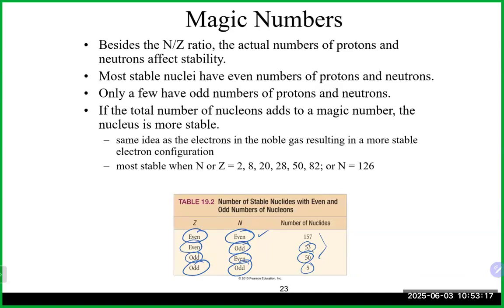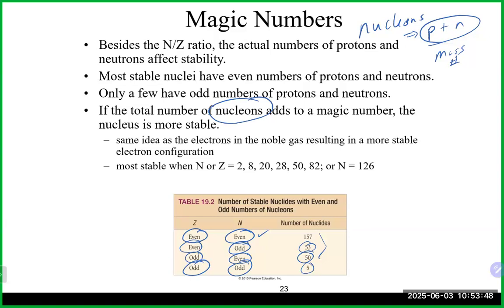If the total number of nucleons, and by the way, that is a term that you see a lot in nuclear chemistry, nucleons. It's basically what's in the nucleus, which is your protons and your neutrons. It's essentially, in most cases, your mass number, right? If they add up to what is sometimes referred to as a magic number, it's kind of like achieving noble gas configuration with electrons, how that makes things more stable.